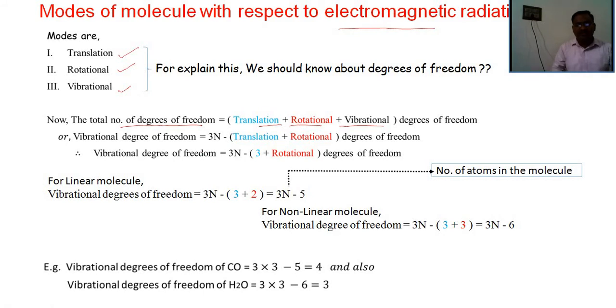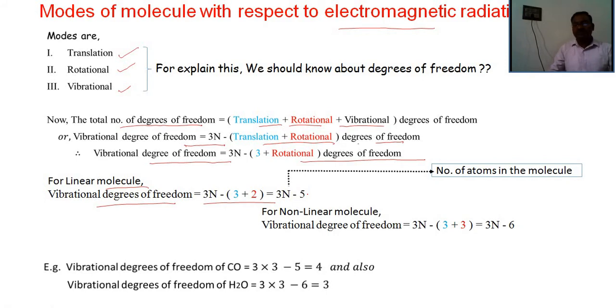The vibrational degrees of freedom is equal to 3n minus the translational plus rotational degrees of freedom, that is, 3n minus 3 plus rotational degrees of freedom. For a linear molecule, the vibrational degrees of freedom is 3n minus 3 plus 2, so we get 3n minus 5.